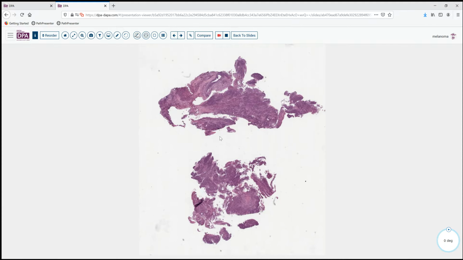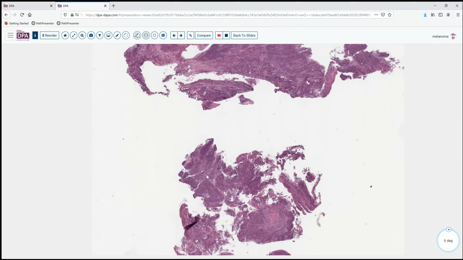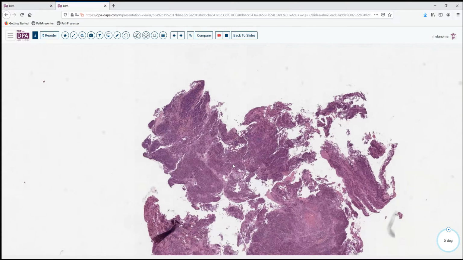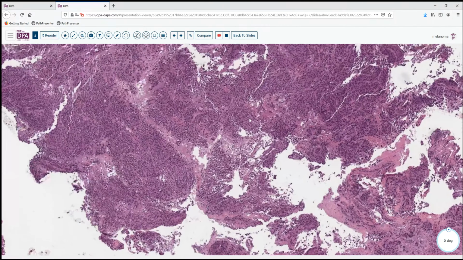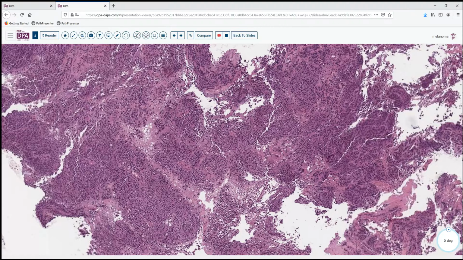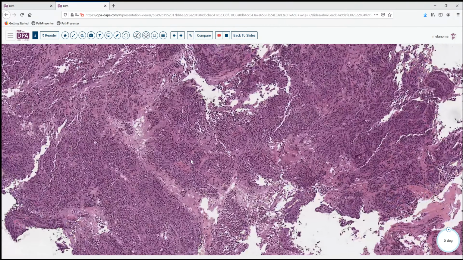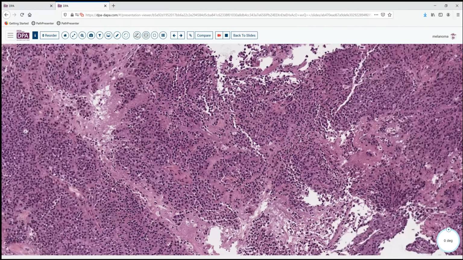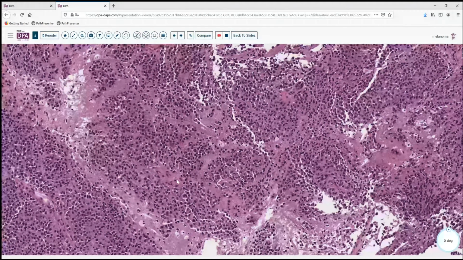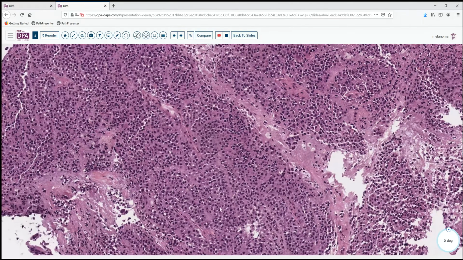Frozen section evaluation produced this nice fragment of tissue, and we can see it's fairly cellular, somewhat bluish purple in color. This is a good quality frozen section. We can see some nesting of the cells, a little bit of cracking and so forth. Not much in the way of glandular formation.